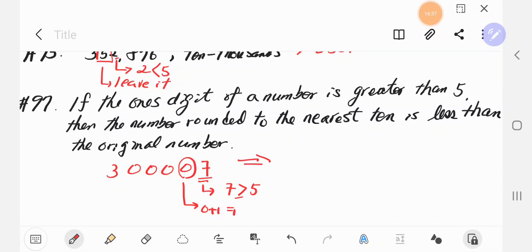So the number will be 3,000 with the 0 becoming 1. So actually this number is greater than the original number. So it's not less than. Less than is not possible. So this will not happen. So if the ones digit is greater than 5, then the tens digit is increased by 1. So this rounded number should be greater than the original number, not less than.